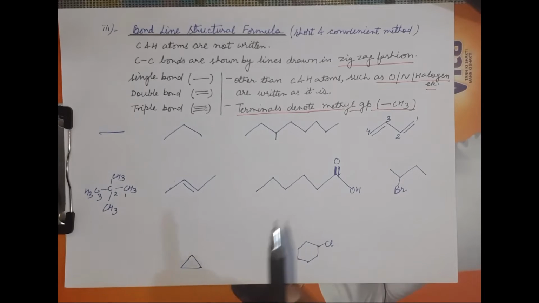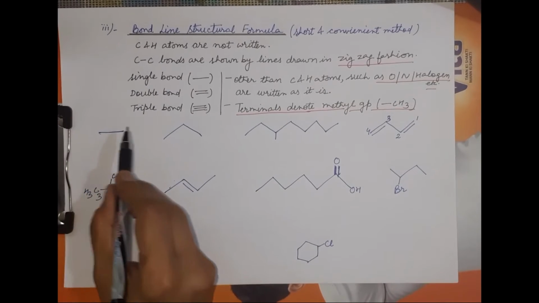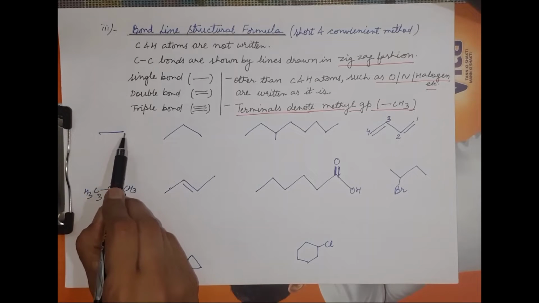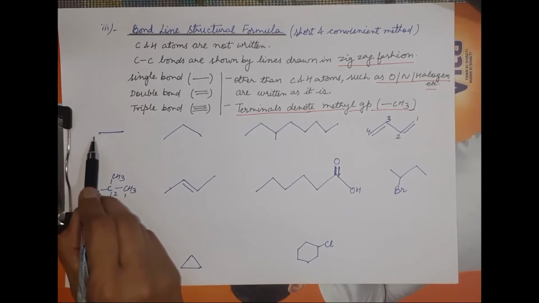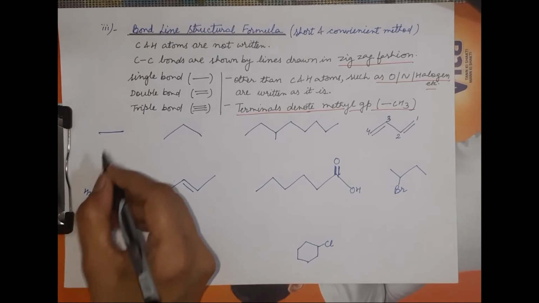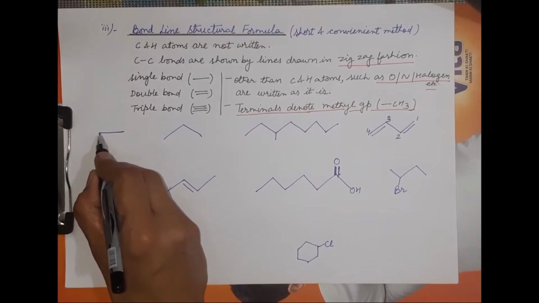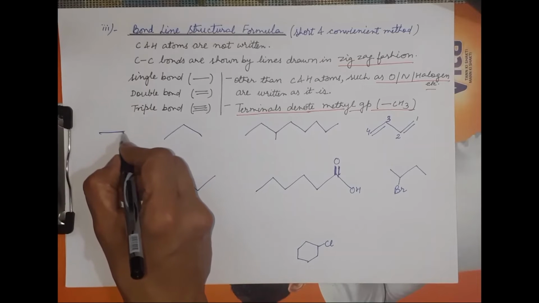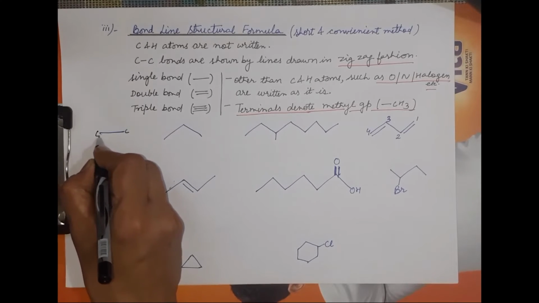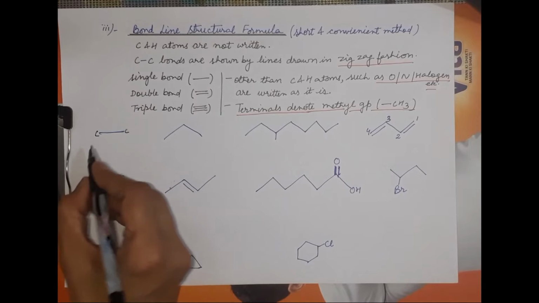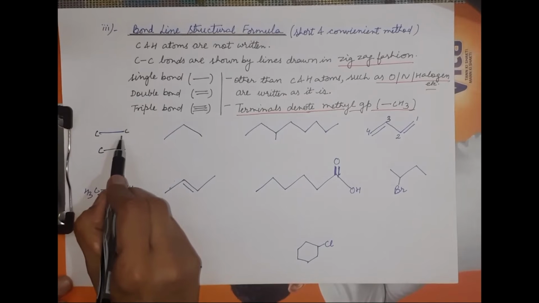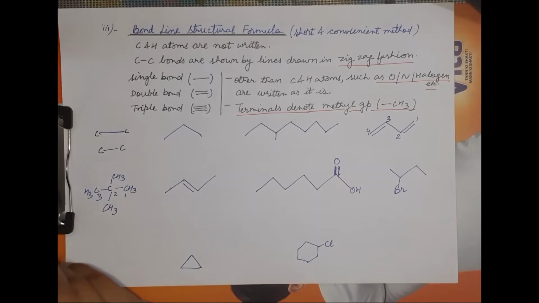If we see this example, I have written one compound with this bond line formula. A simple line is there. So what does it mean? The two corners of this line represent two carbon atoms. If we write it, we write like this. Because we know carbon is tetravalent, it has four valencies.